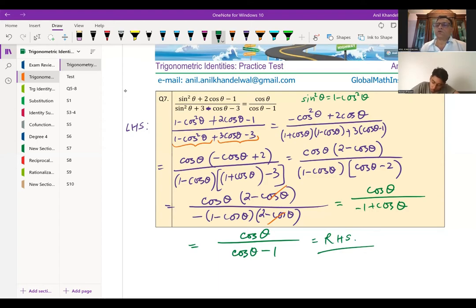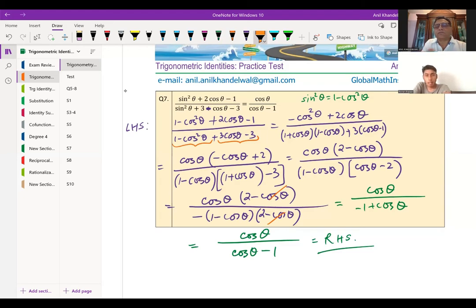So did you see how we prove this identity? Yes, sir. So a lot of manipulation done here, and basically you have to work with the factoring skills to solve such a question. Perfect. Now, while you're doing such questions, it is important to keep an eye on what is required.